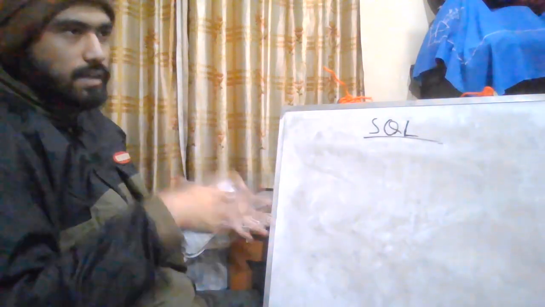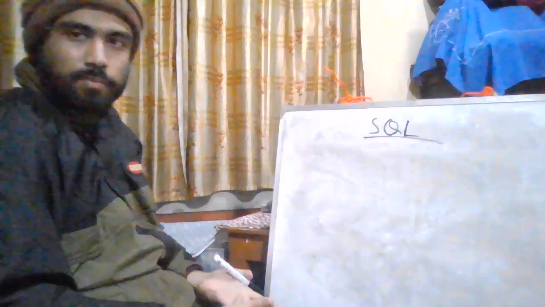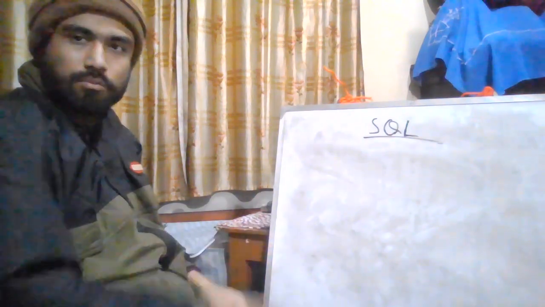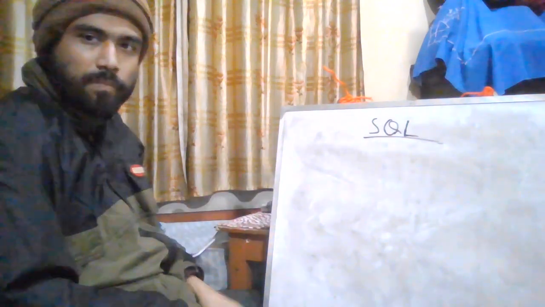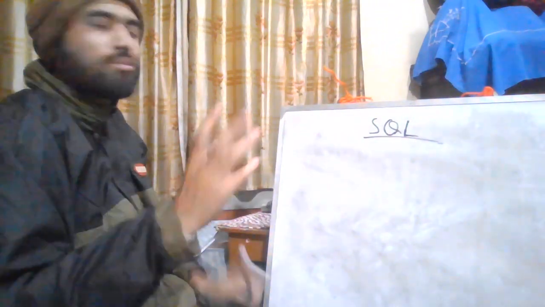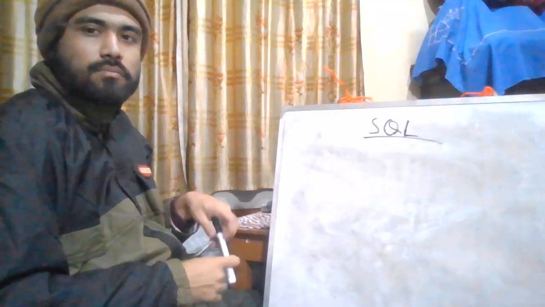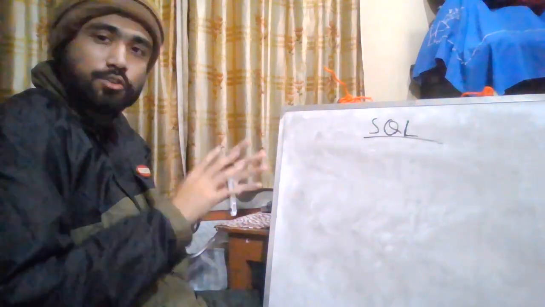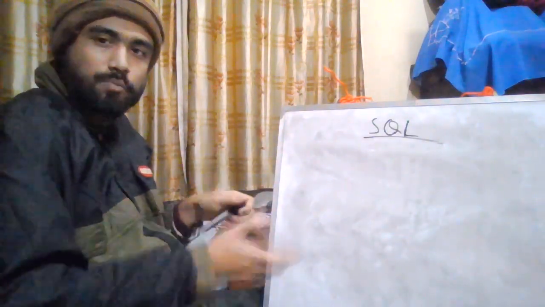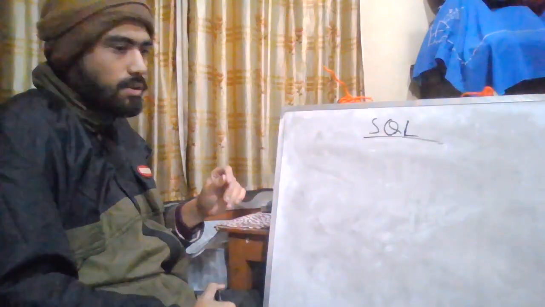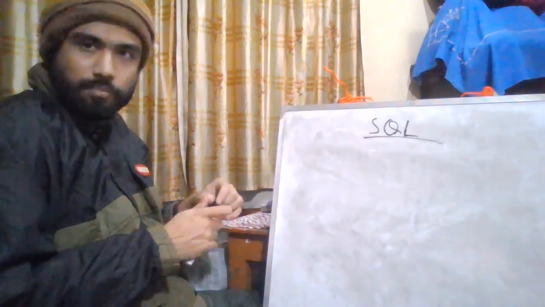You have queried something and displayed a value or a table output, and you want to store it temporarily as a view and display it later. Then it is a view, and there are multiple types of views.